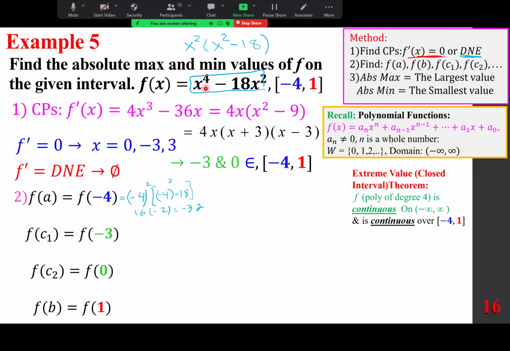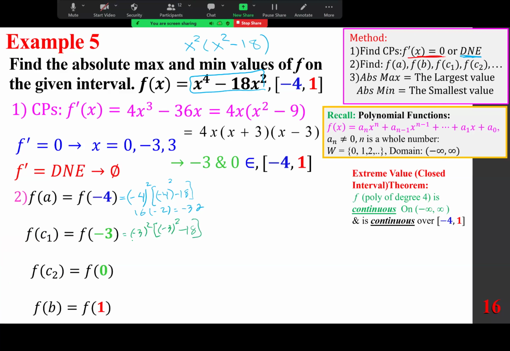-3 to the power of 4 is positive 81. But just in case, if we go with this one, we can write -3 squared, which is positive 9.